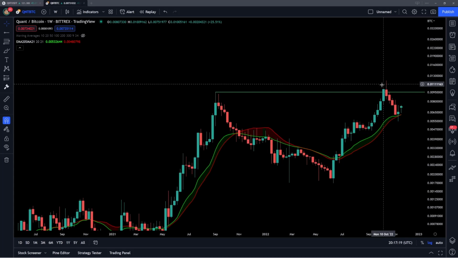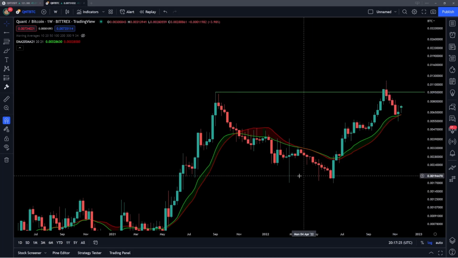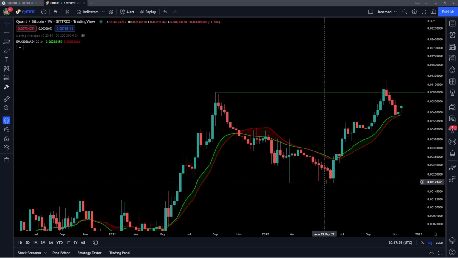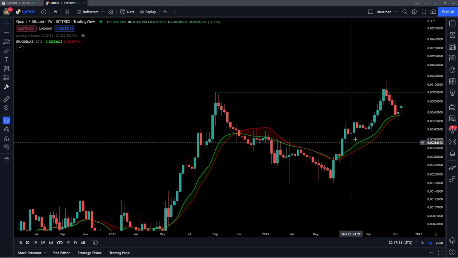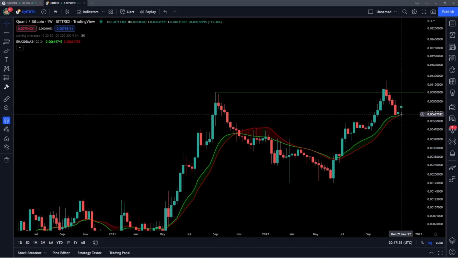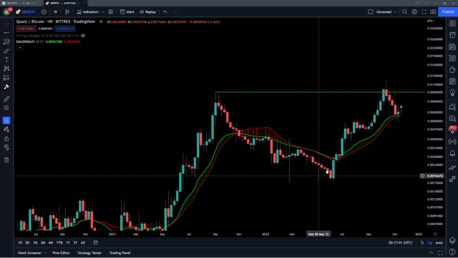Very, very few altcoins can actually say they've made a higher high with respect to Bitcoin or even held up any of their support levels. A lot of altcoins are breaking down and forming these longer term bearish trends, whereas QNT is again retesting that level. It's above both of these weekly moving averages, the SMA 20 and the EMA 21. You can see those two red and green lines right here, and it's got a very powerful trend behind it.